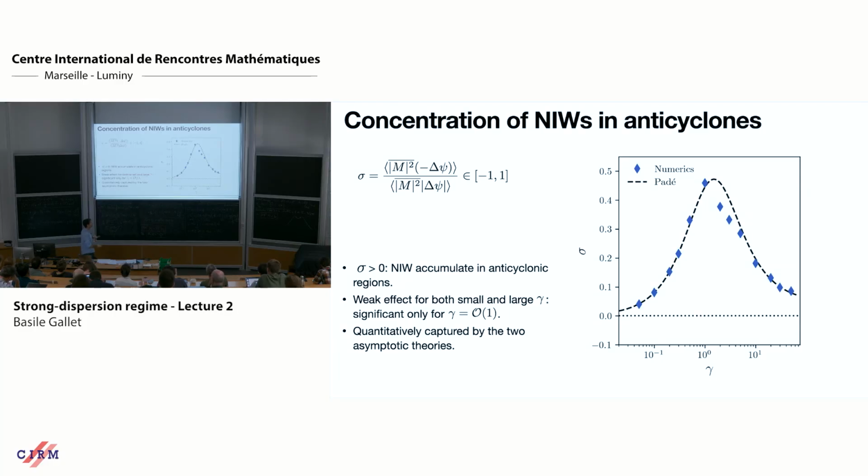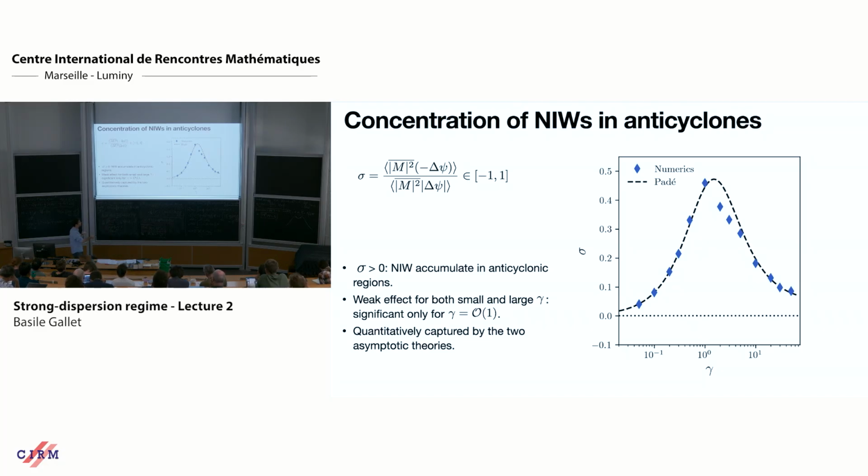And that's what we got. So we were quite happy with it. It gives you a fairly accurate uniform approximation over the whole range of gamma. I have no clue whether you control the error you're making by using such a Padé approximant, but it seems to be doing quite well.